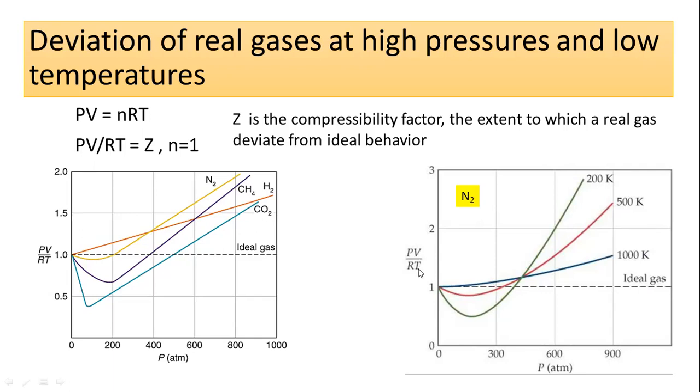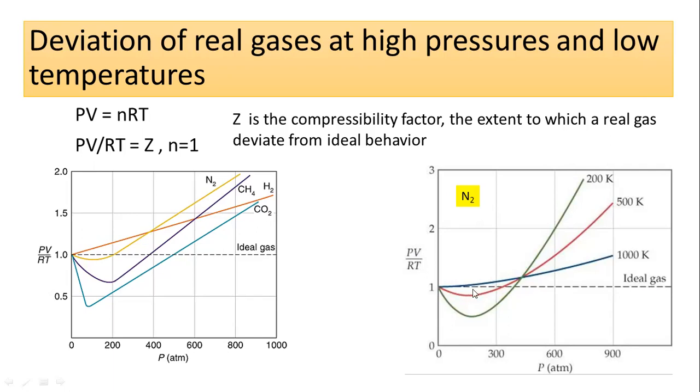Volume is proportional to the temperature, so when you increase the temperature, there is an increase in the volume. Because these are proportional to each other, if this increases from 2 to 4, this also increases from 2 to 4. That means the ratio between these two will be the same, and the value for Z will be 1, and this is the ideal gas equation.